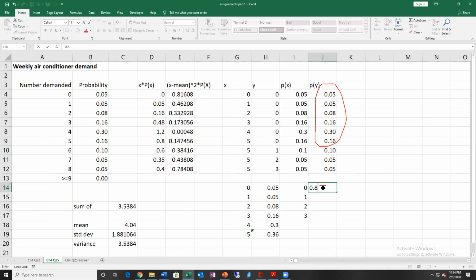And then now, what's the probability of a 1? Oh, I see. I see what you're doing. Okay, so now what's the probability that you're not going to need a special order?